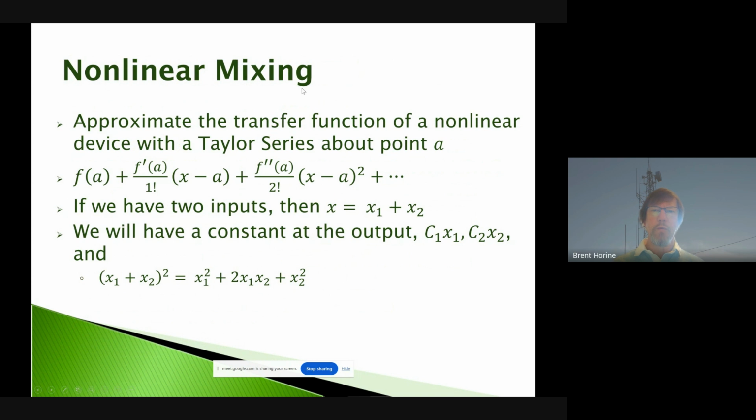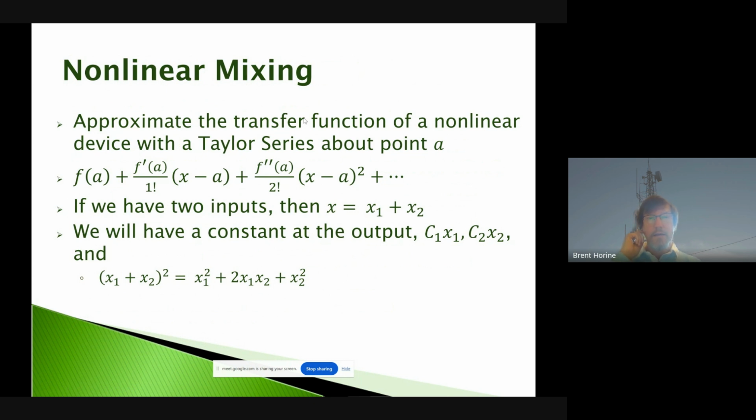So one way of doing that is through a nonlinear device. A nonlinear device means that its gain, the ratio of the output signal to the input signal, is not a straight line, right?